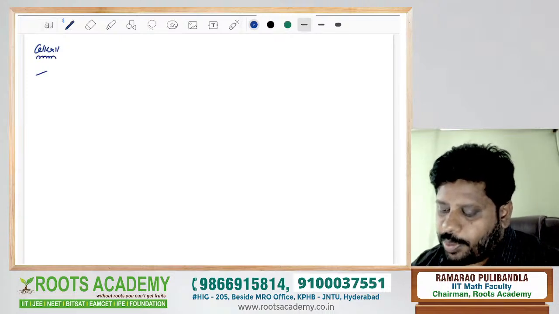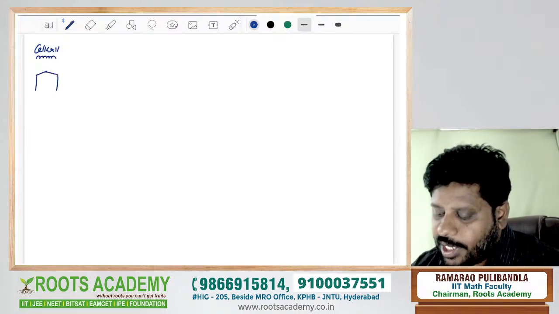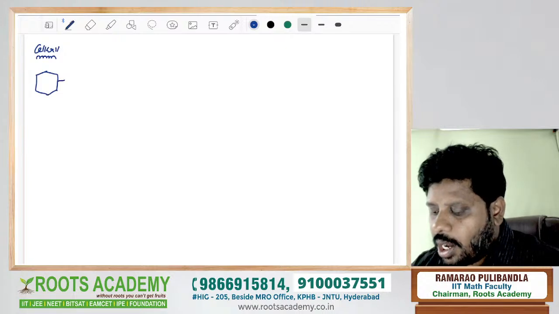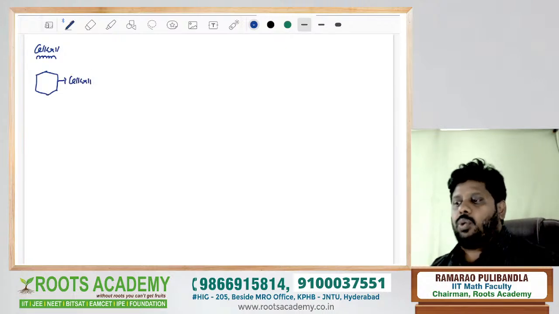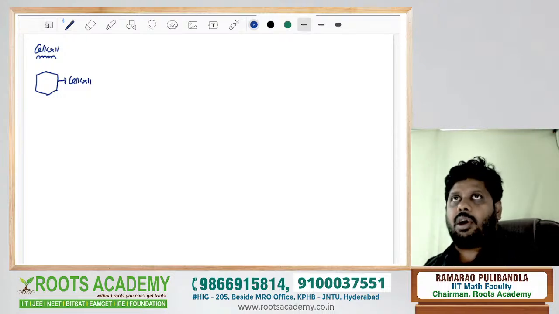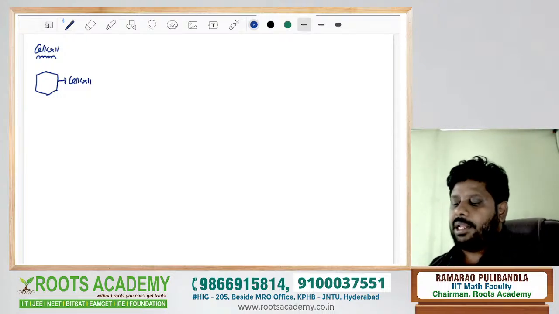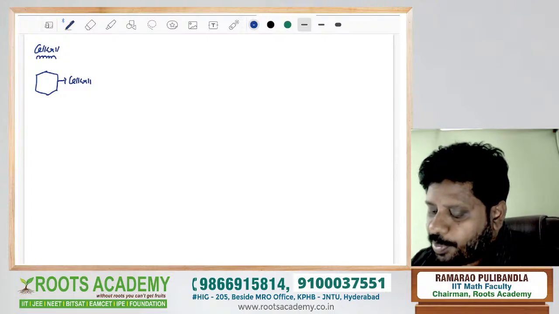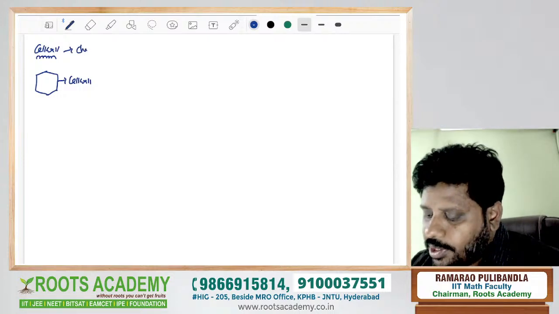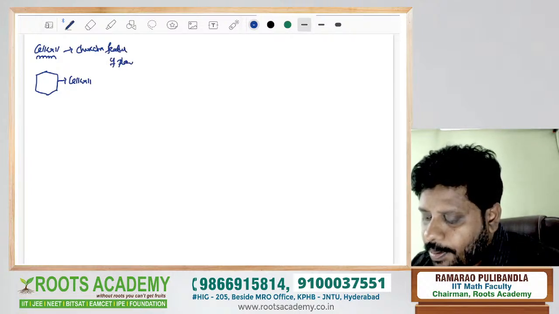What is cell wall? For example, this is the plant cell. The outermost covering layer of matured plant cell is called as cell wall. The presence of cell wall is the characteristic feature of plant cell.